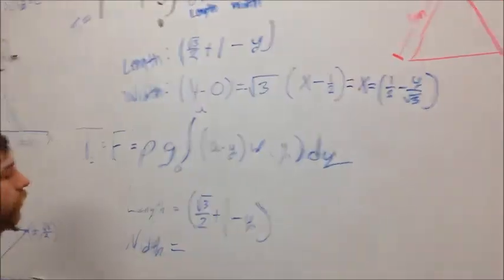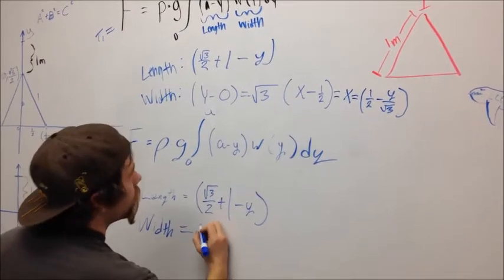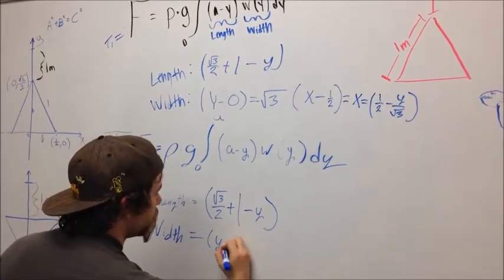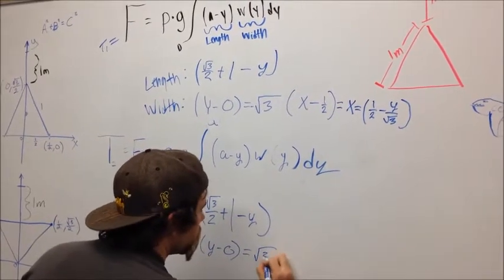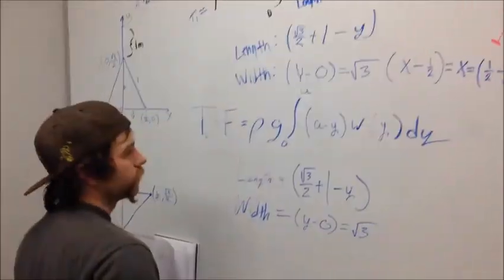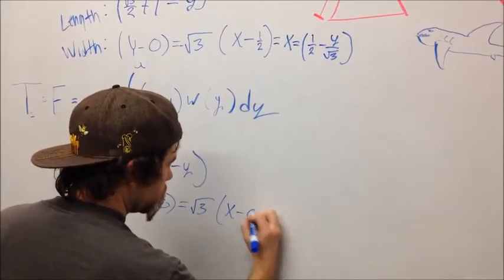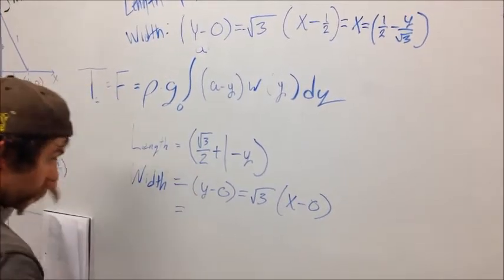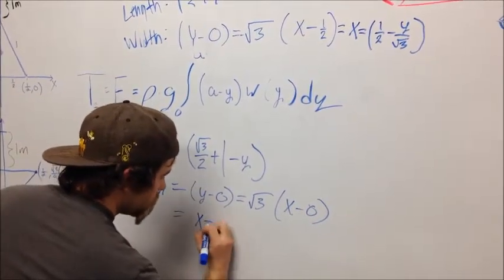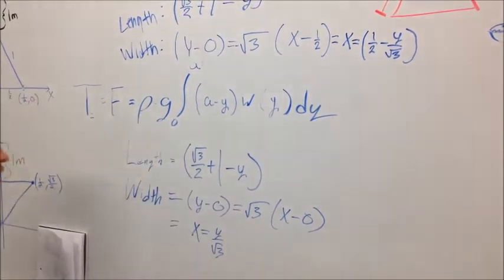And then our width this time will be our equation of y minus 0 is equal to root 3, positive this time since our slope is going up, and then x minus 0, equals x equals y over square root of 3.